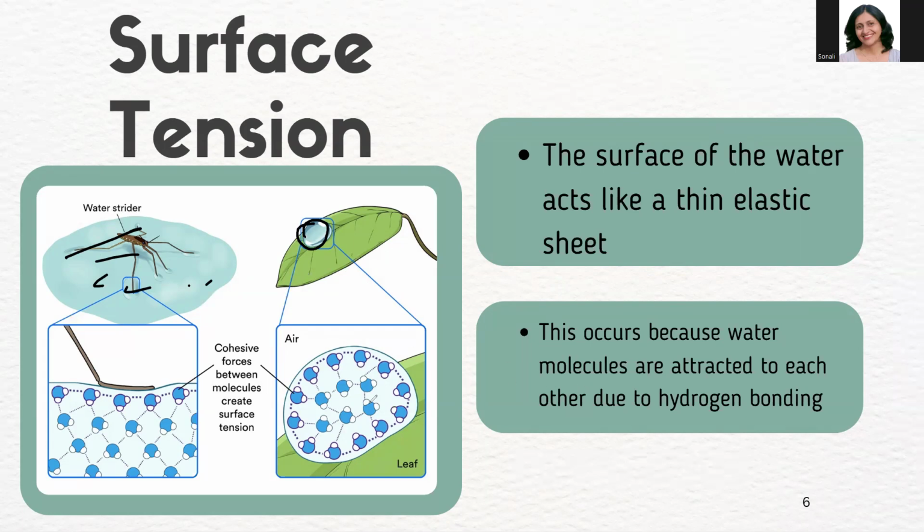That happens because the water molecules have hydrogen bonding between them, and that is how they are attracted to each other and form an elastic surface. So that is what we call surface tension.